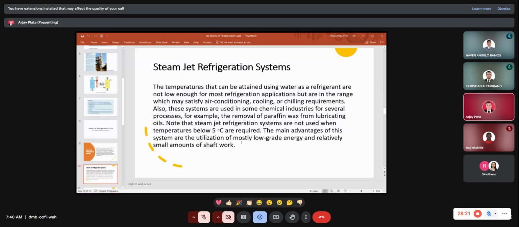If we require below 5 degrees, we will use a refrigerant other than water. The main advantages of this system are the utilization of mostly low-grade energy and a relatively small amount of shaft work.